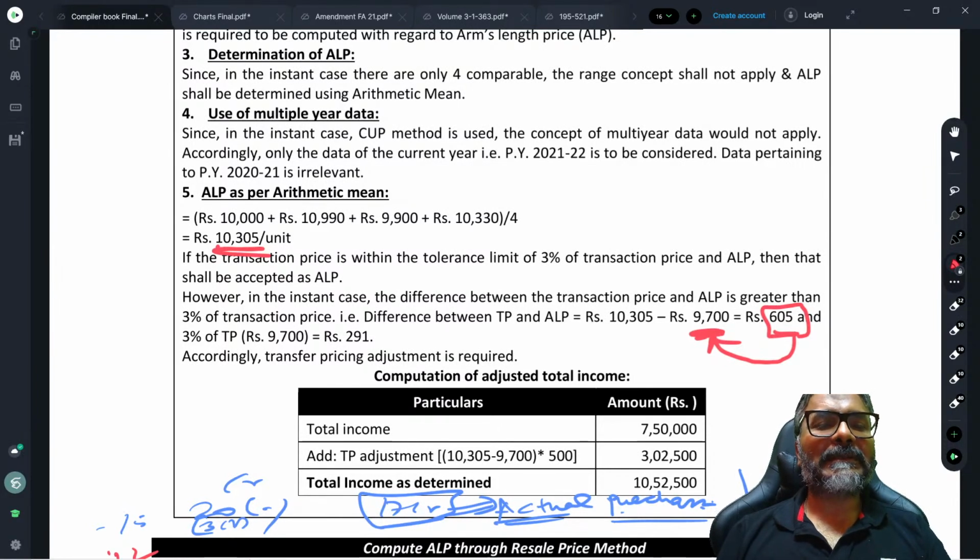And the answer is yes. It is more than 3% of the transfer price.